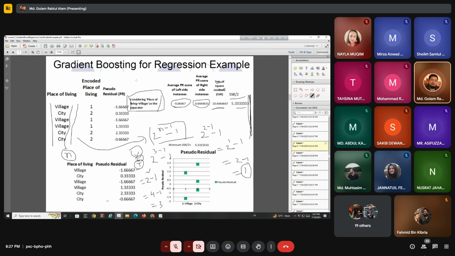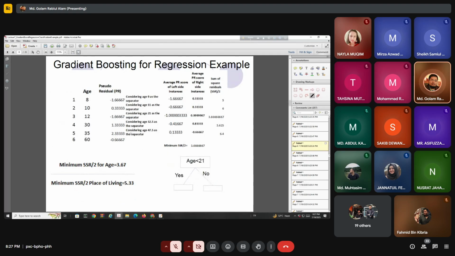Okay, now as we have just one splitter here, and the sum of square residual here is 5.33, that means if you consider place of living as the splitter, then we have to consider the splitter as place of living equal village. Now, from our dataset, we have just two features, so we have to consider just the sum of square residuals of these two features.